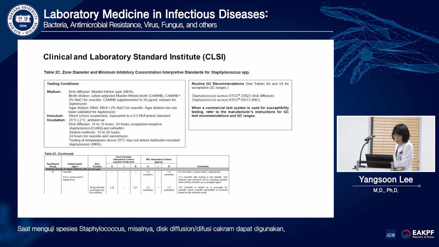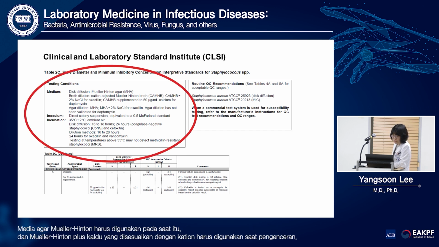For example, when testing Staphylococcus aureus, this can be used. Mueller-Hinton agar media should be used at the time, and Mueller-Hinton plus cation-adjusted broth should be used for the microdilution method. The guidelines specify which medium to use, how much inoculum to use, and how long the incubation is for each test.